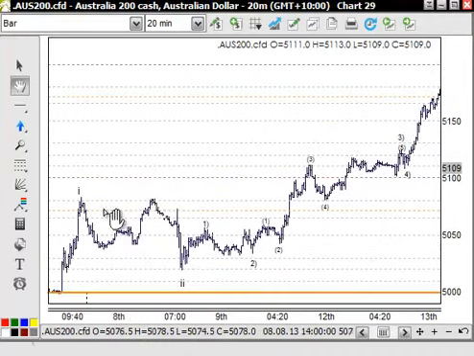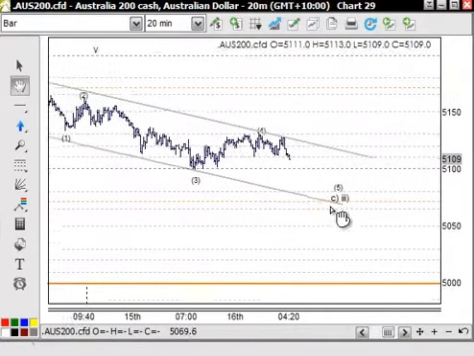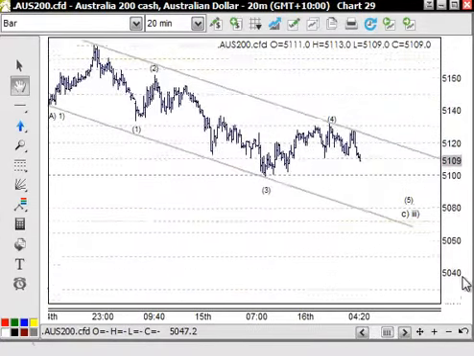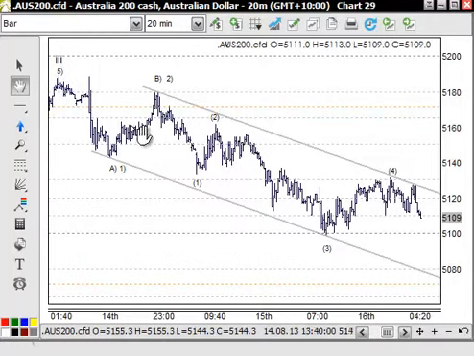And as I mentioned, this area through here can't be breached. But in saying that, if I just point out through here, that's why I've got 2 wave counts on here. But either way, there should be one more low into place through here. So we've got down for 1 or A, back for B or 2, and then we've got 1, 2 here, and we've got 1, 2, 3, 4, 5 for the 3rd.